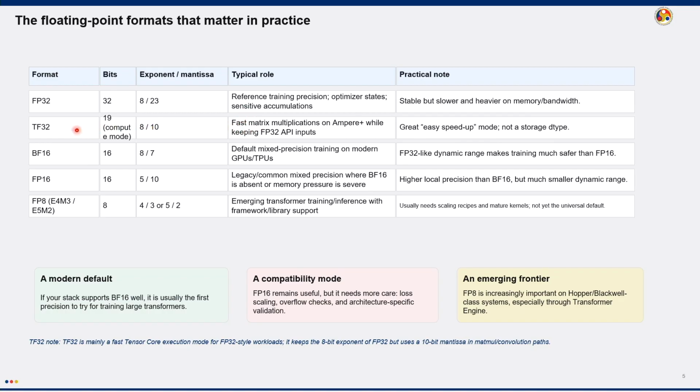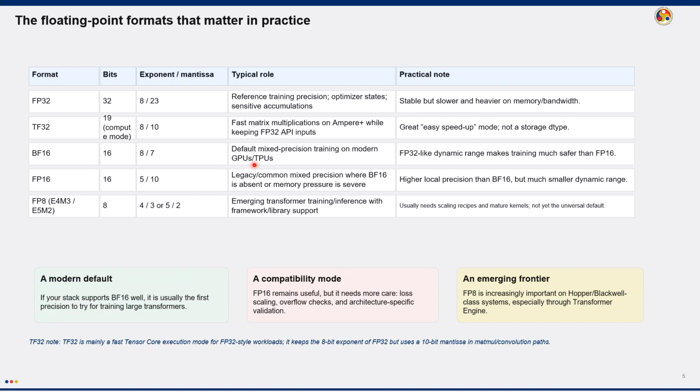TensorFloat-32 is also good for matrix multiplication, because matrix multiplications are fast with TensorFloat-32 on the Ampere architecture, the Hopper architecture, and the latest generation GPUs.